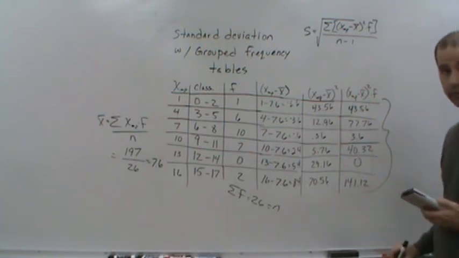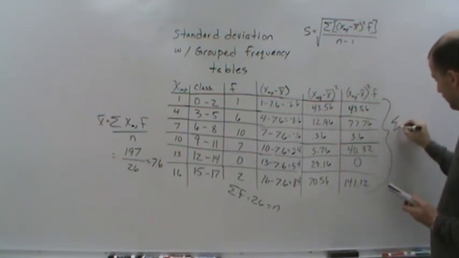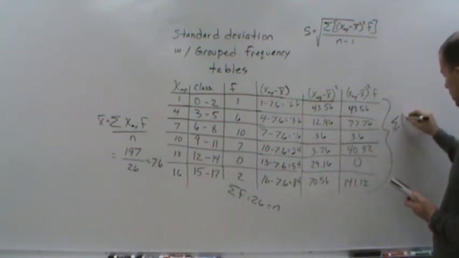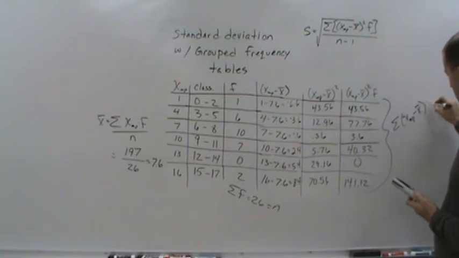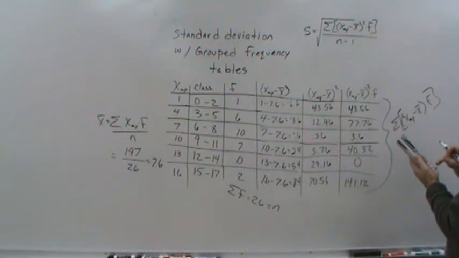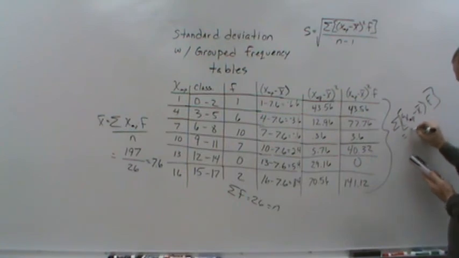So if I sum all of these up, this is what I'm going to get. And so if I do that, I get 306.36, and that's the numerator.